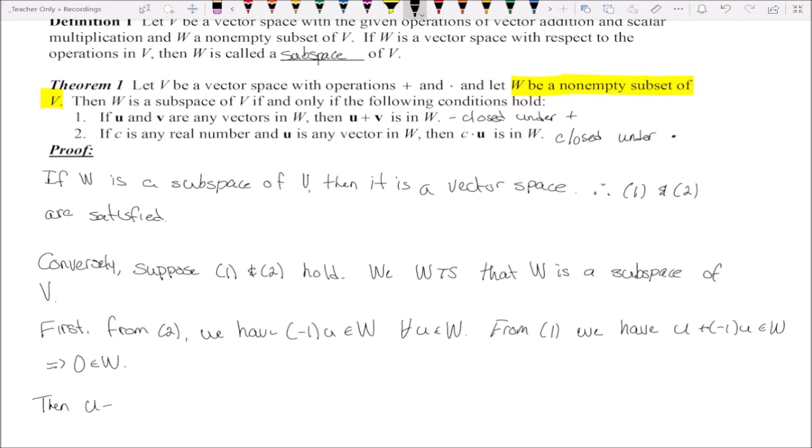Then what we have is u plus the additive identity, which equals u, for all u in W. And finally, the remaining axioms will automatically hold.